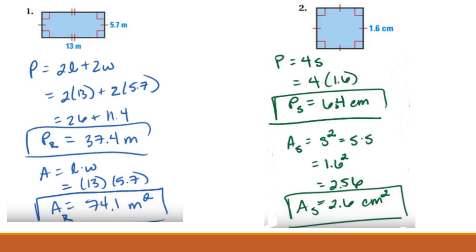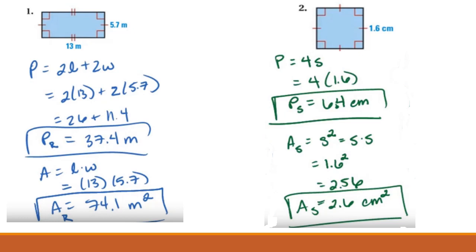The perimeter for rectangle equal length plus width, or 2L plus 2W. 2 multiply length plus 2 multiply width. Okay, 2 multiply the length here 13, so 2 multiply 13, 26, plus 2 multiply 5.7.